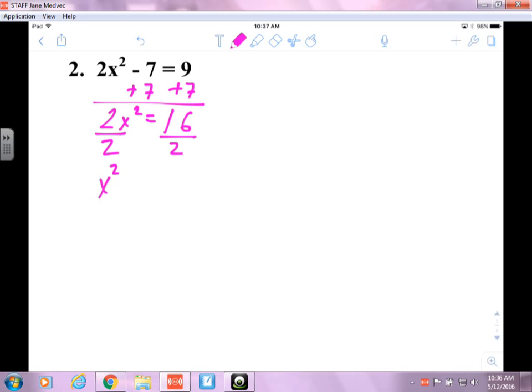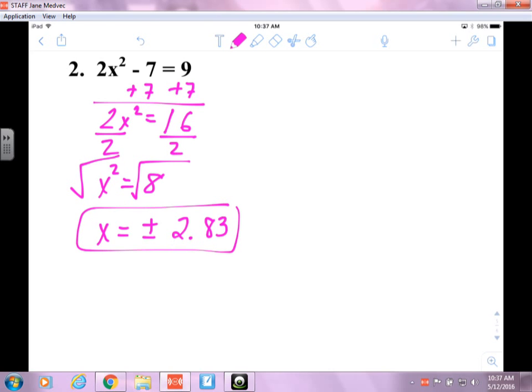So x squared equals 8. Now what? Square root both sides. Make sure that you show that, and notice it's plus minus. Excellent, and there's 2 solutions there.